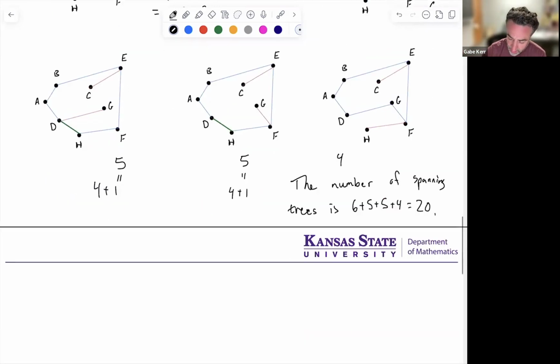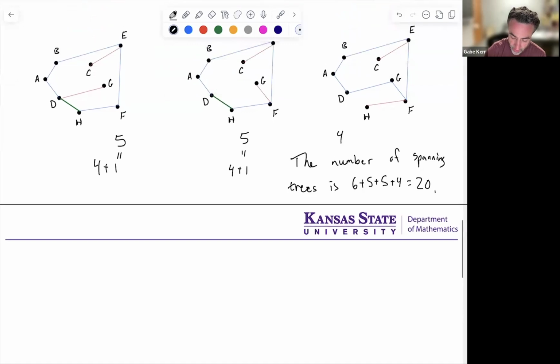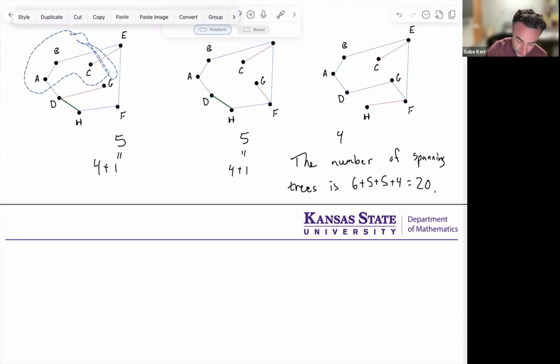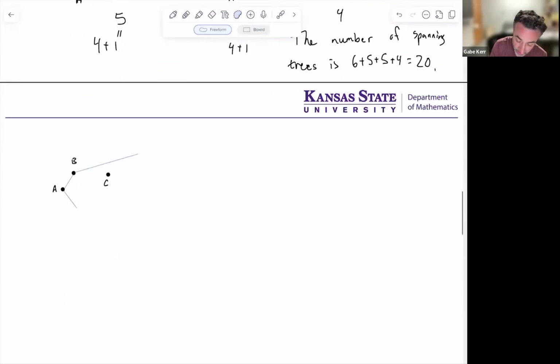So I want to end this spanning tree counting exercise with another example. So let's see. I'm going to take some of these nodes here, and let's duplicate. I'll bring this down here. So I want to do a much simpler example here and just see if we can figure out what's going on.